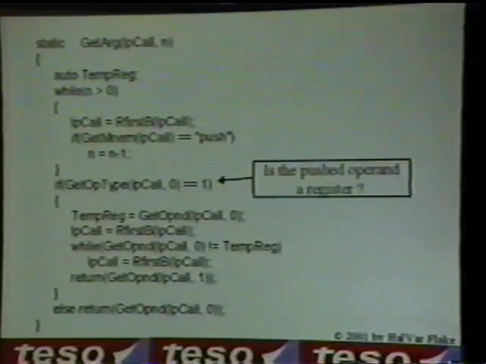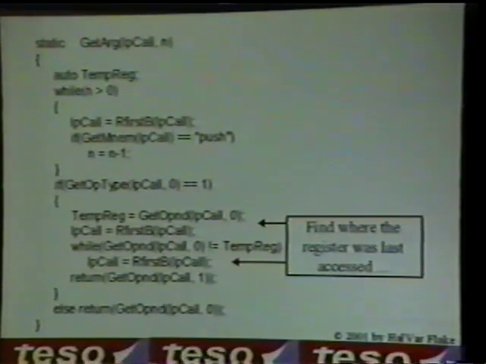we get the operand type of the push, and if it's a register, the operand type will be 1. So if it is a register, then we trace the code backwards from where we are until the last time the register was the first operand to an assembly instruction. Now, we all know Intel syntax says that the destination of an assembly instruction is always the first operand.